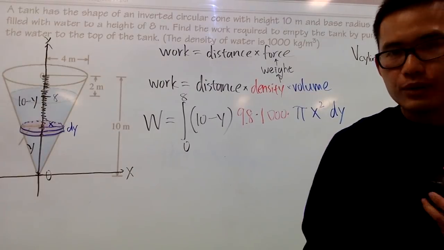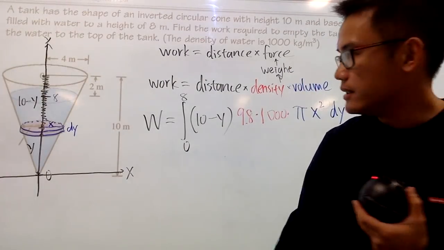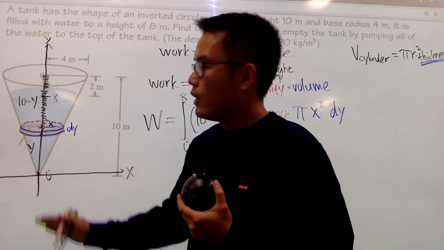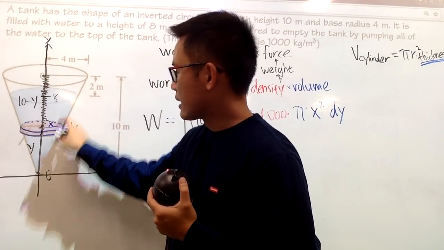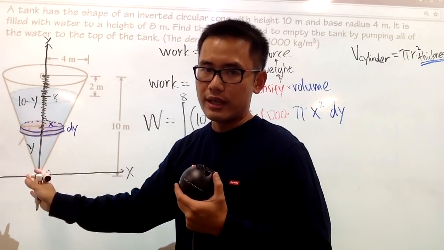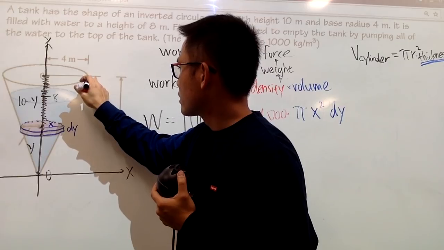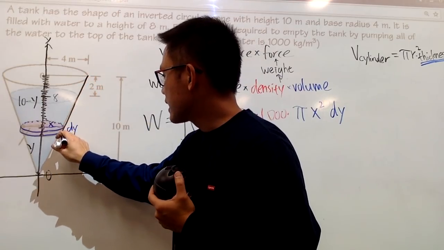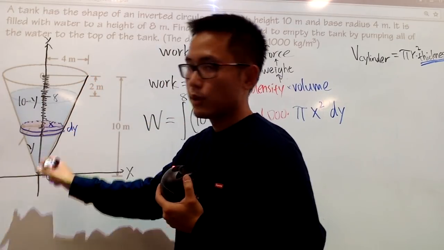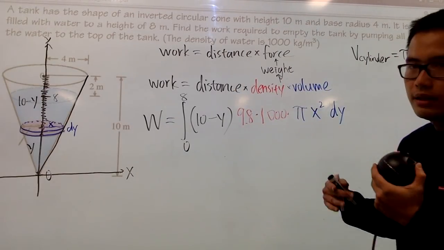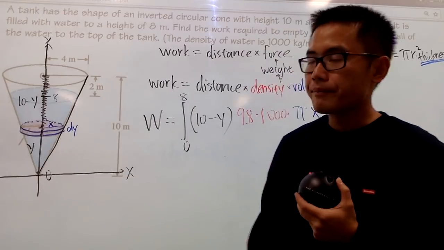Then what kind of math can we do? Well, let's see. This is the x, this is the y. On the side, if you just look at the cut right here, this is just a straight line. So let me just darken the straight line right here with my marker, okay? We must come up with a relationship between x and y so that we can replace the x with an expression in terms of y.